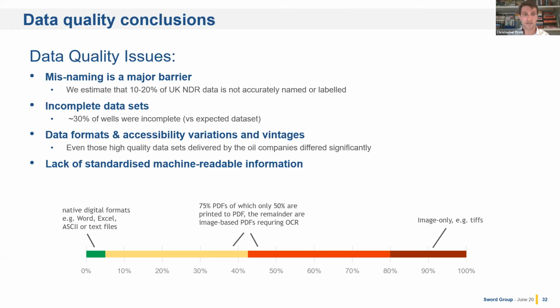And then the data formats and accessibility. As you can see below, again this is quite anecdotal, but also backed up by what we saw in the project, over 50, maybe up to 75–80% of data is not digitally available. It requires some OCR or data extraction to be able to get hold of it and use it.